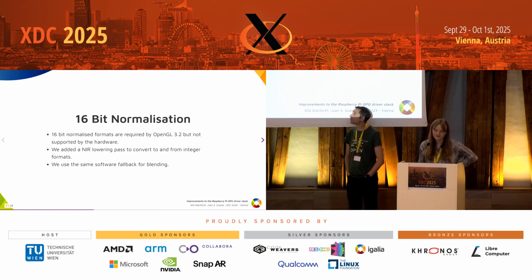Unfortunately, we also need to use the same software blend fallback as we did for dual source blending, since the hardware would not have any native support for the normalized formats in the blend hardware. The hardware also doesn't support blending of 32-bit float formats, so we also use the software blend fallback there.